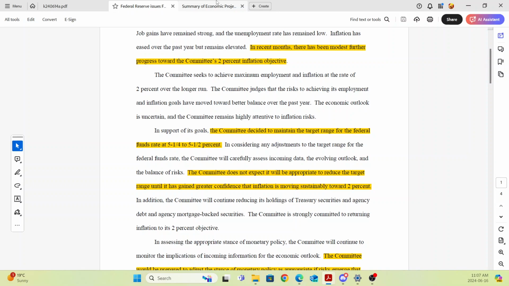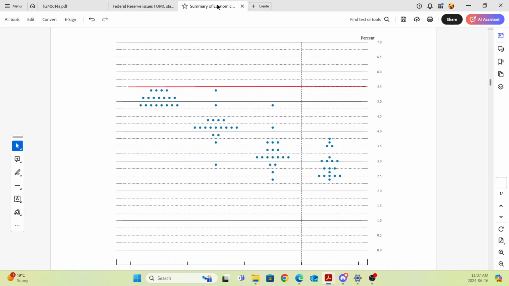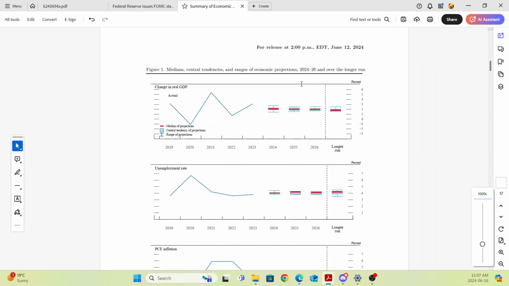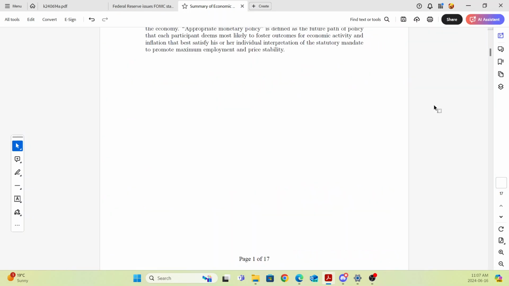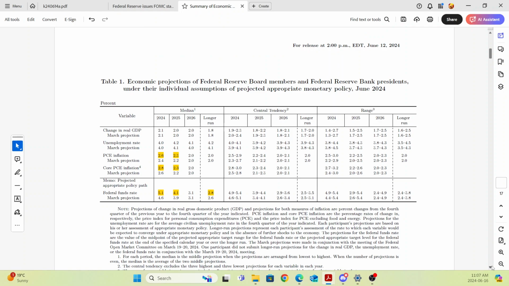The major event was looking at the summary of economic projections. The key event was to look at these economic projections of Federal Reserve Board members and Federal Reserve Bank presidents.